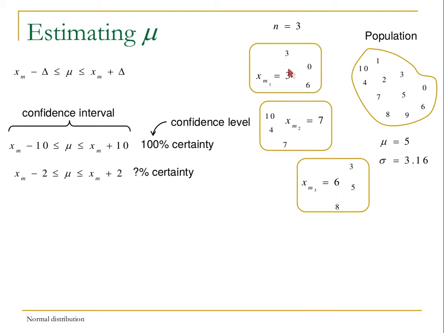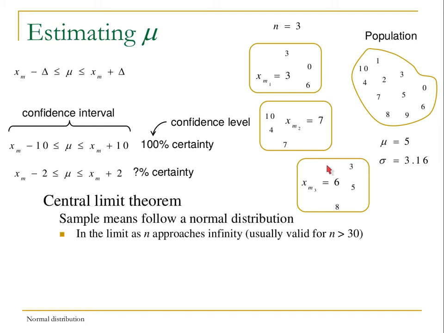And each of these samples is going to have a different sample standard deviation. But we can apply the central limit theorem to draw conclusions about the population mean. The central limit theorem says that the sample means follow a normal distribution under one condition.